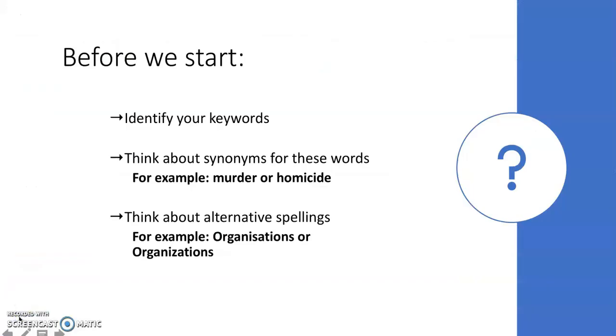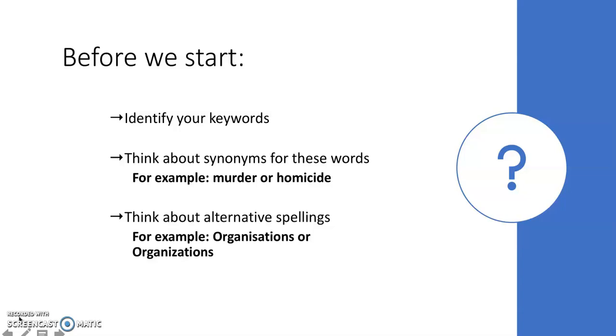Before we start, the things you need to think about are: searching for topics is about experimenting with different combinations of keywords. Identify your keywords. The keywords are the words in that topic that best describe it, and they will form the basis of your search.